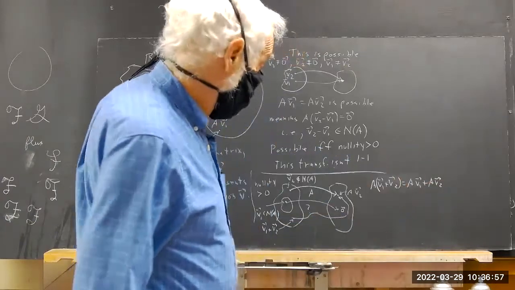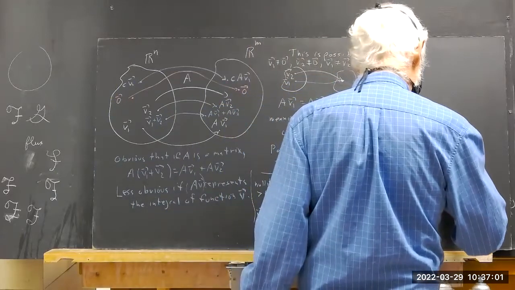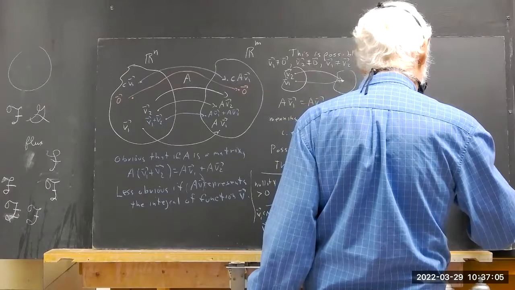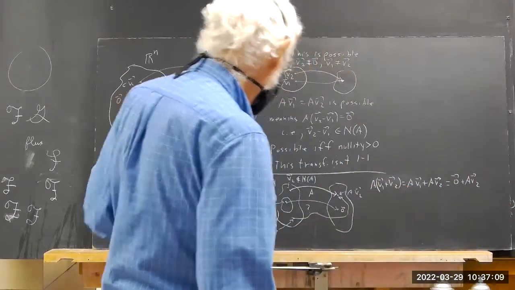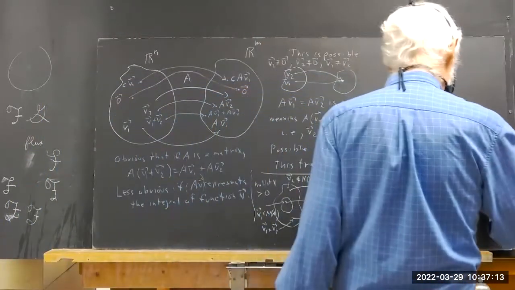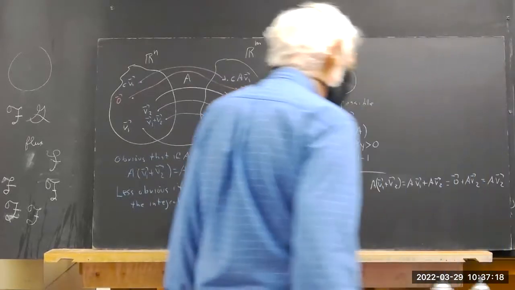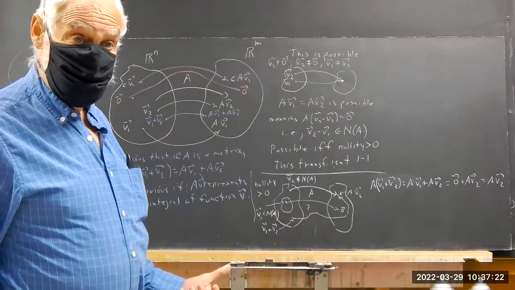Your transformation is linear, in other words. But of course, AV1 is 0 because V1 is in the null space. So A of V1 plus V2 equals AV2.